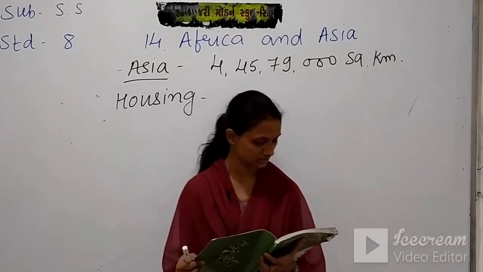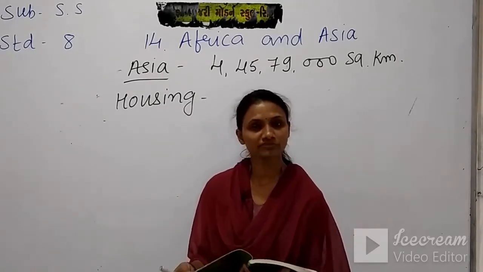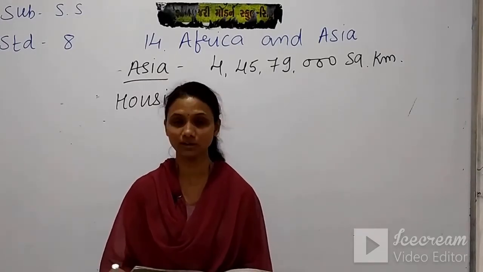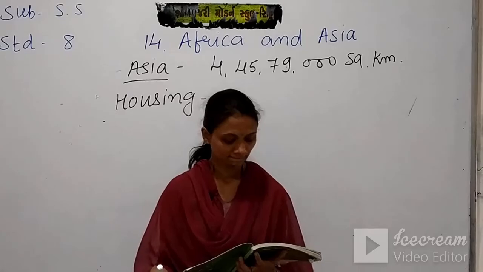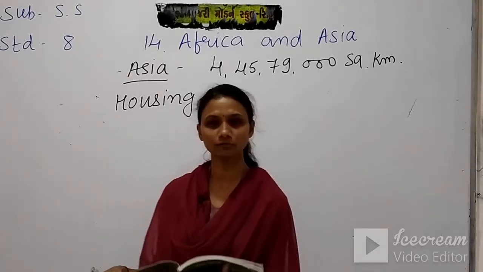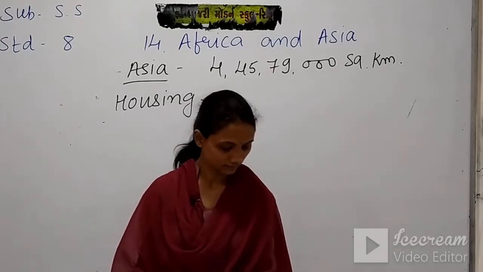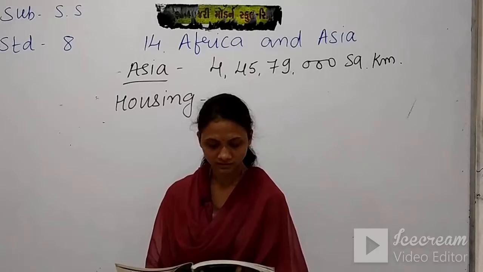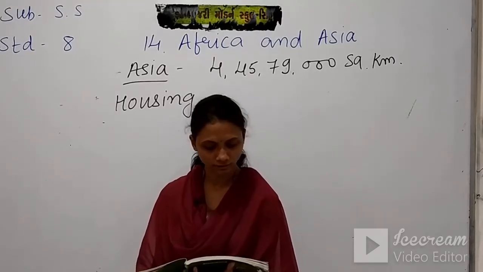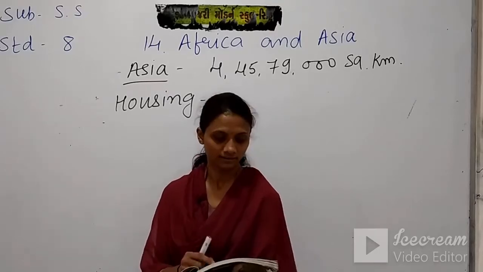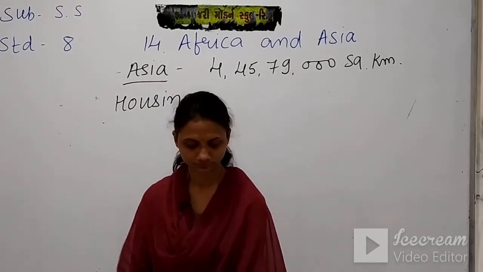Generally we have houses made of cement, but in cold region we have houses made of wood and all, and in desert we can find the houses made of brick and all. So this is the pattern of our houses. So here what you have to do is use the map, and note down where you could find this kind of houses.